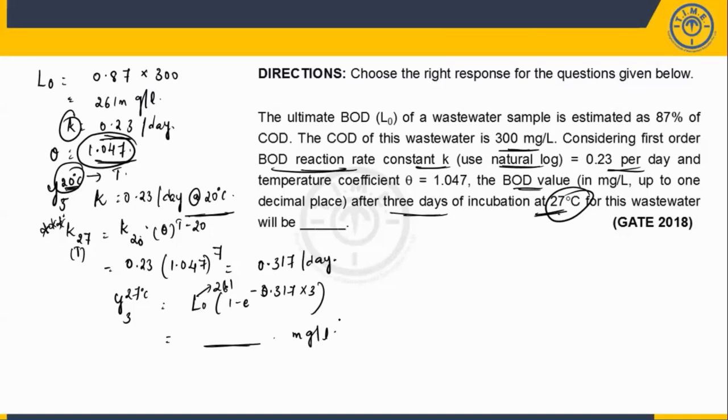Then do 1 minus that answer and multiply that into 261. You'll get the exact value. 160.16, approximately 161 mg per liter.